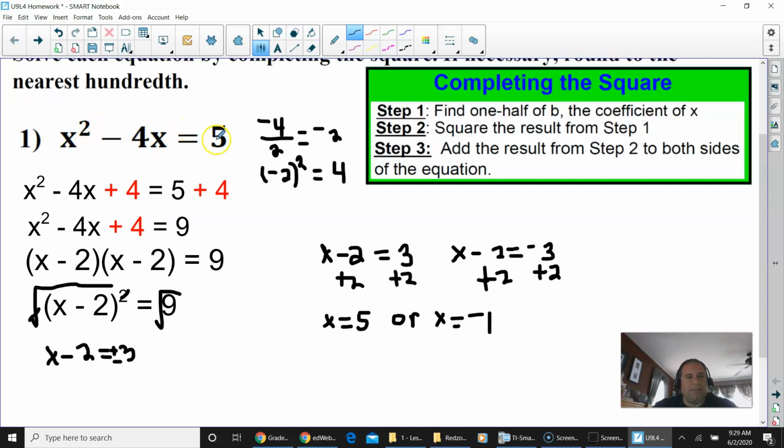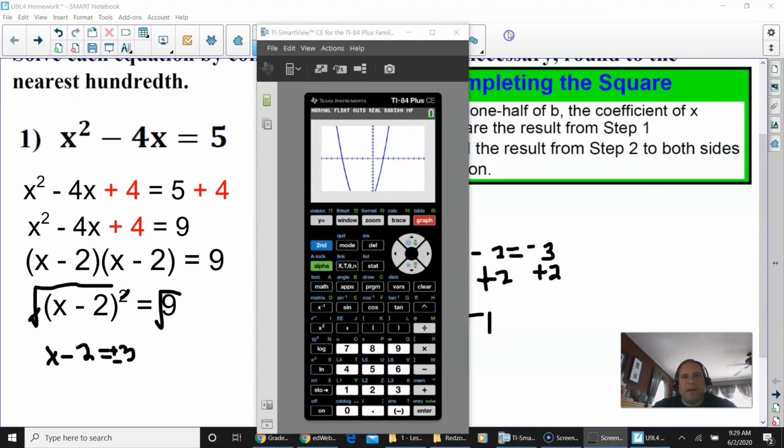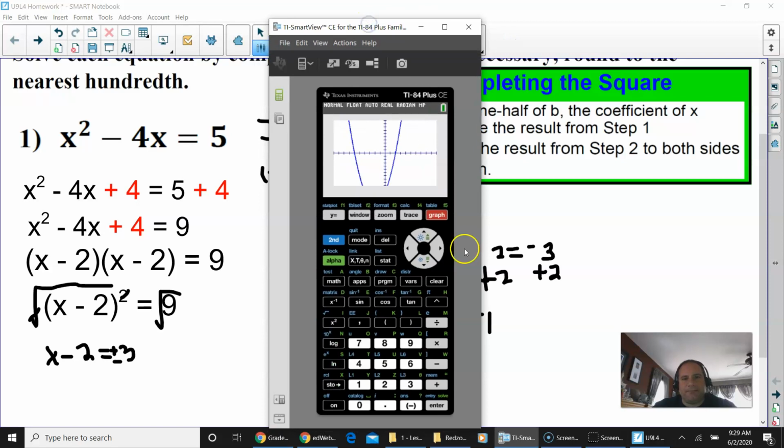So if you want to go ahead and check your calculator, you can't put this in, but if you subtract 5 on both sides and make it equal to 0, you could actually check in your calculator. So that's what I'm going to do. I'm going to see if we come out with the same roots. So I'm going to clear this out, and I'm going to put x squared minus 4x minus 5.